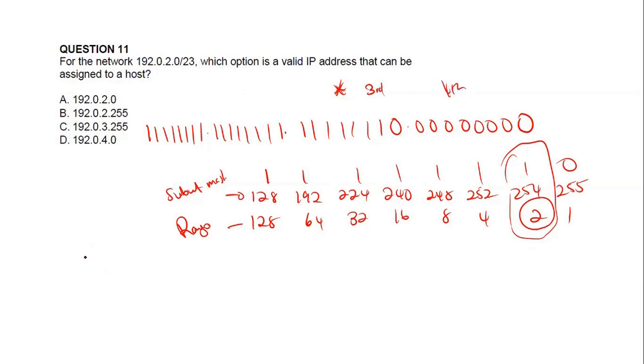So our range would be 0, 2, 4, 6, 8. Since we are here, this is where we have our range of 2. Remember, there's this octet, so I'll add a 0 there, 0 there, 0 there, 0 there. This will be 1.255, this will be 3.255.